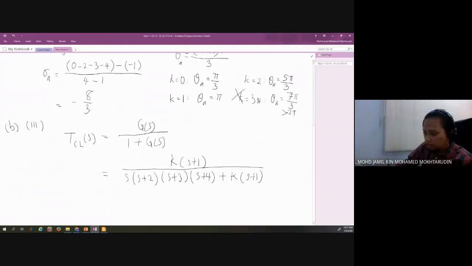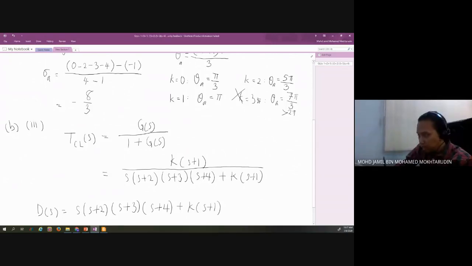So the denominator is s(s plus 2)(s plus 3)(s plus 4) plus K(s plus 1).